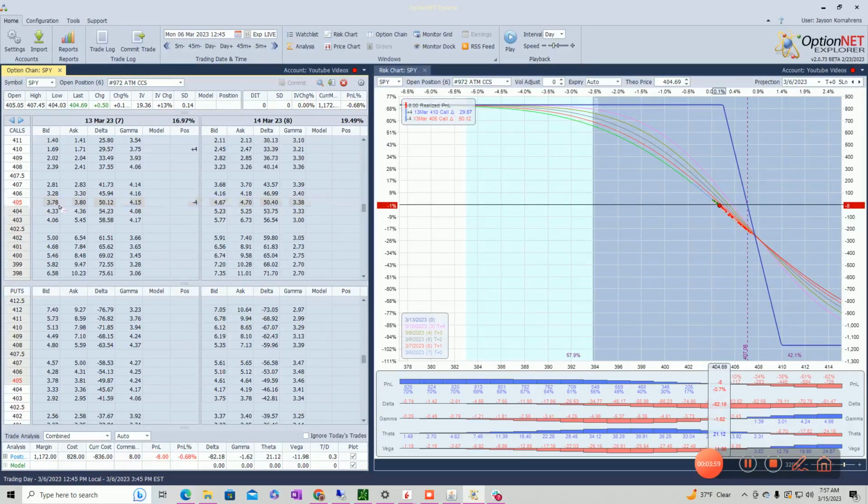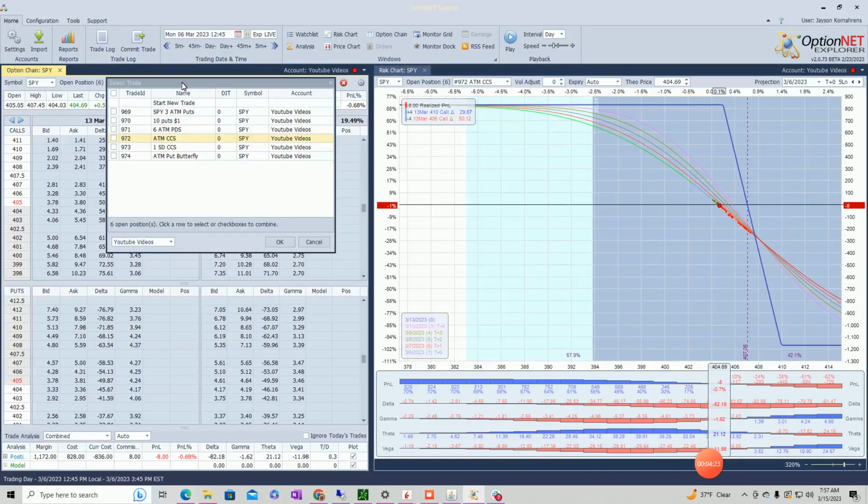So we sold the at the money, and we bought the $5 away. It gave us a net credit of $828. That's the max we can make on the trade. Our max loss, which is the margin that the broker holds, is going to be $1,180 if we let it go to expiration.